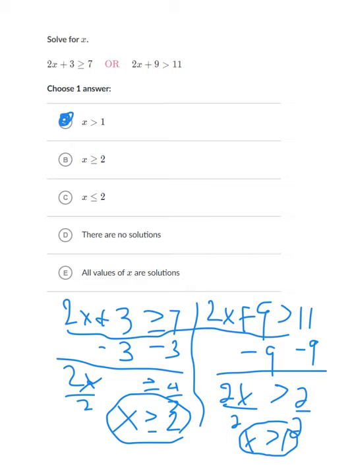And let's say that I pick the solution 0, it's not going to work here, and it's not going to work here. So the solution here is x is greater than 1, because I have solutions that will work in one inequality or both inequalities.